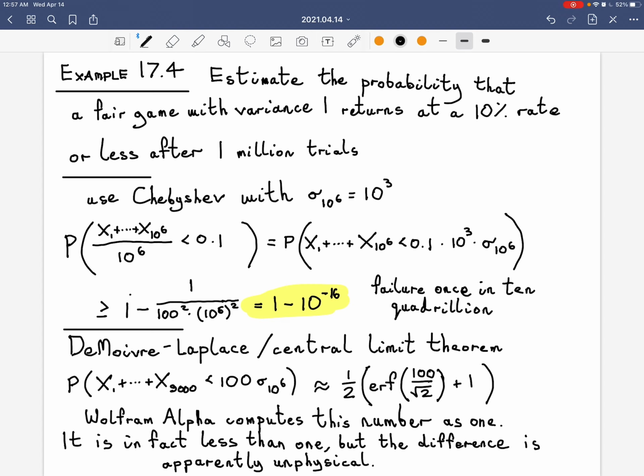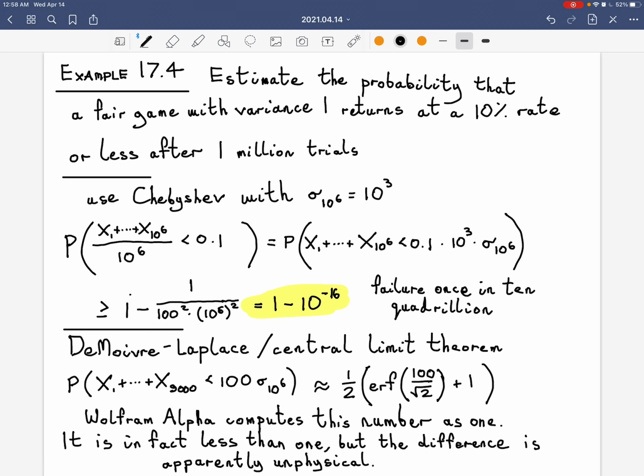And the issue with de Moivre-Laplace and the central limit theorem is if you ask for the probability of a 100 standard deviation anomaly from the error function, Wolfram Alpha gets confused and tells you this number is 1. As a theoretical mathematician, I can tell you the error function never actually reaches 1. It's always less than 1 for any finite input. So this number is not 1, it's less than 1. But the difference is apparently unphysical.